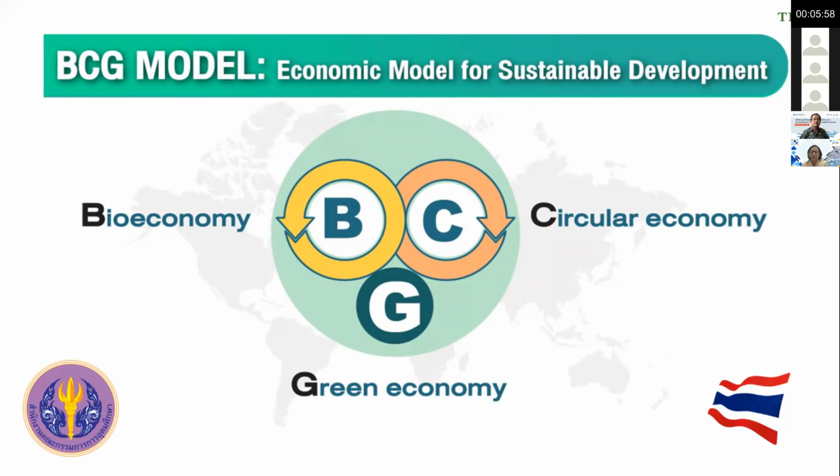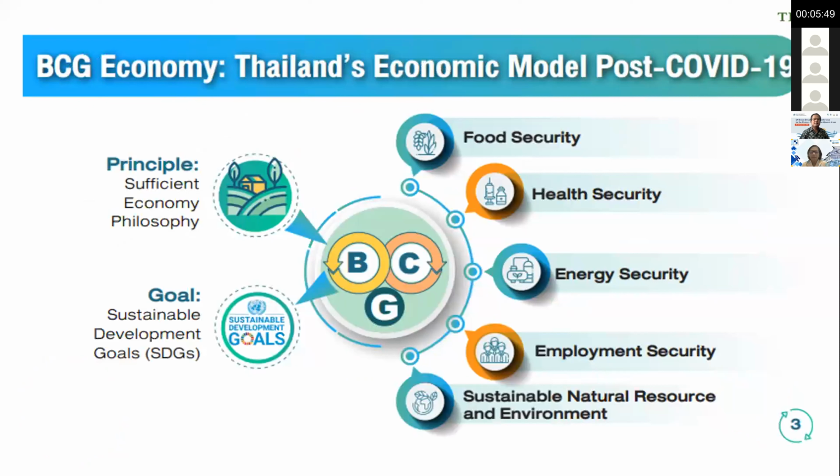BCG is a new national agenda that was already approved by the cabinet. The BCG economic model is being implemented as a post-COVID-19 approach based on the principle of the sufficiency economy philosophy of the late King Rama IX and supports the sustainable development goals.